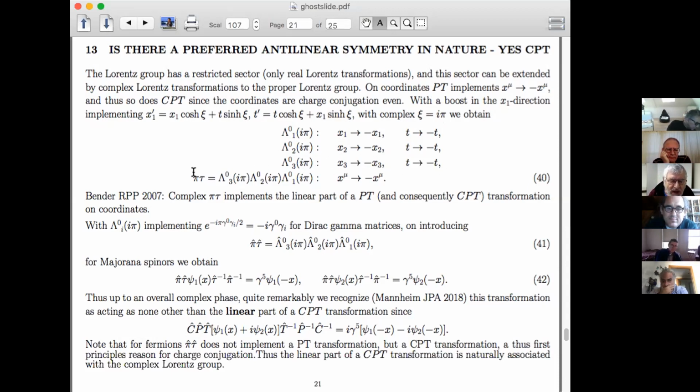So the net product of the 3 boosts sends x mu to minus x mu. Carl, in his review of projects in physics, pointed out that the linear part of a PT transformation is a complex Lorentz transformation. And I'll just make a note, and therefore, in this particular case, so is CPT.